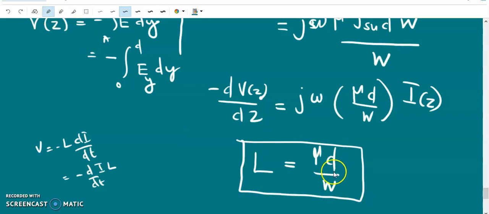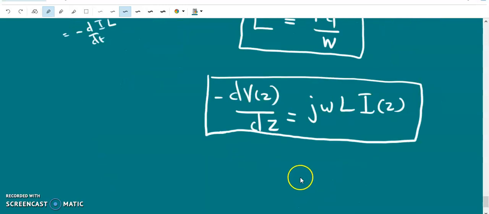So, in terms of this L, we can write this equation as minus dV by dz is equal to j omega L I of z. So, this is termed as equation Roman letter 1.